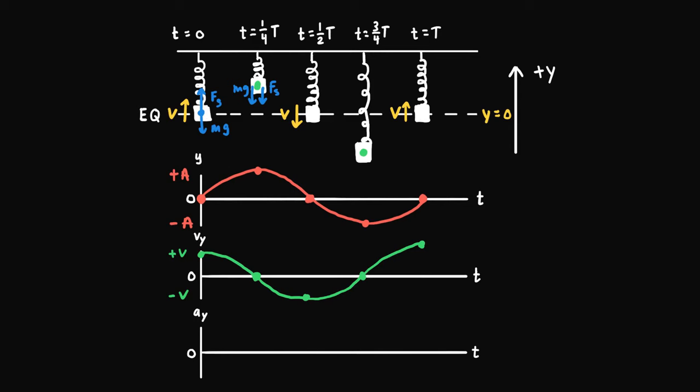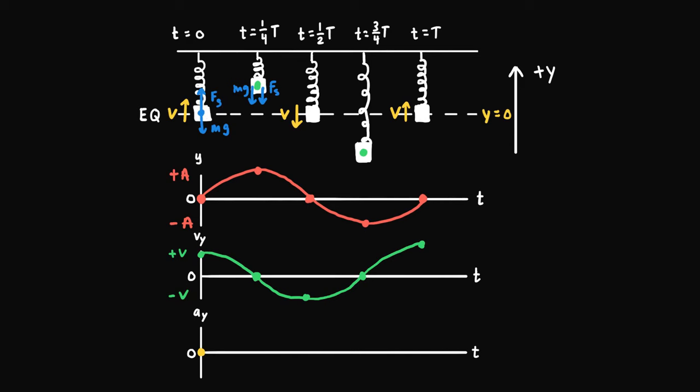So when I make my graph of the acceleration versus time, initially the object is at equilibrium, and so the acceleration, we should expect that that's 0 because the net force on the object is 0. At 1/4 the period, the acceleration is at its maximum value because the net force is as large as it's going to be, and that net force points in the negative y direction.